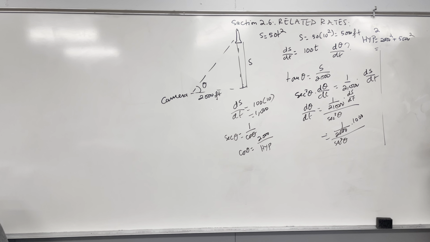Can y'all put that in your calculator? 2,000 squared plus 5,000 squared, and then take the square root of all of that and tell me what it is. What'd you get? 5,385.16. All right.